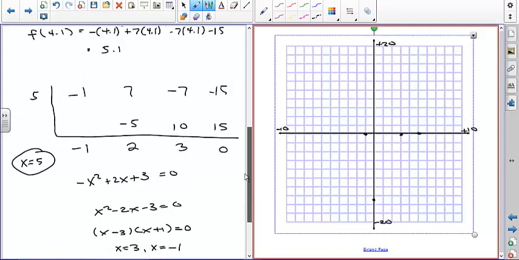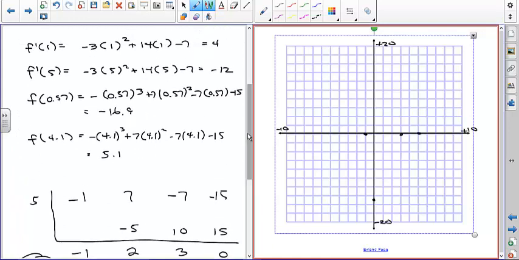And then we know that at x equals 0.57, which is right here, we're at -16.9. So that comes from this point. And we also know that at 4.1, which is about right here, we have a value 5. So that's 2, 4, 5, 4.1.